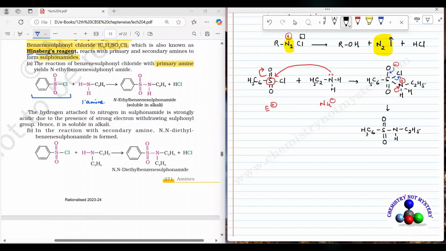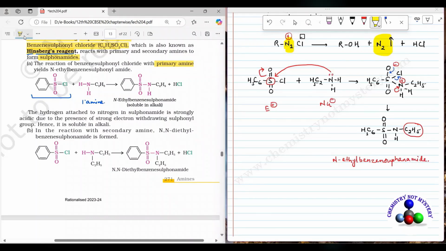So benzenesulphonamide is formed. Now let's write the name. In this molecule, the ethyl group is bonded to nitrogen. So first of all we will write N-ethyl, and the rest of the molecule is benzenesulphonamide. Let's write, this is N-ethylbenzenesulphonamide.